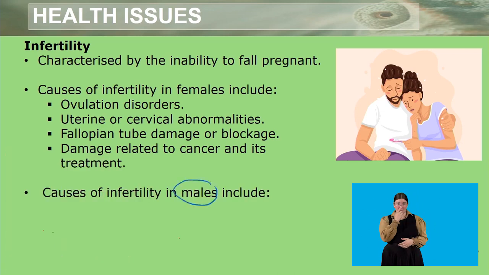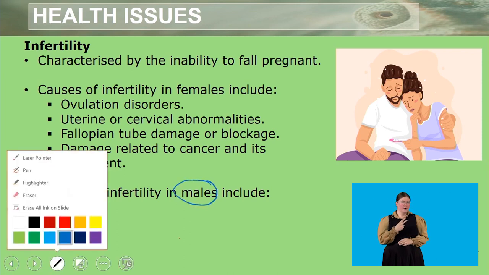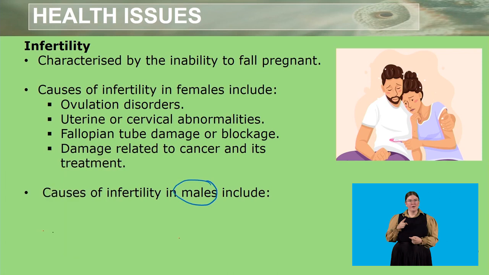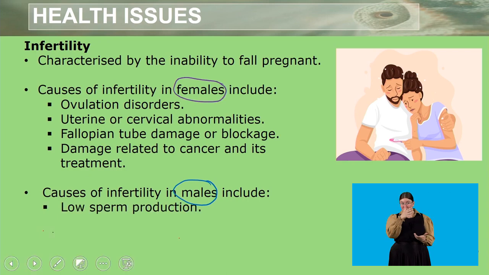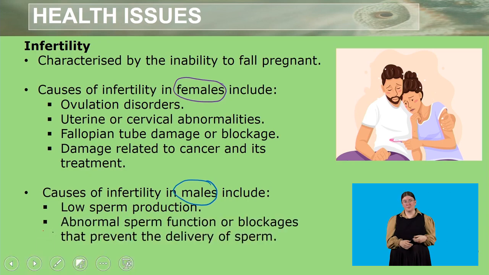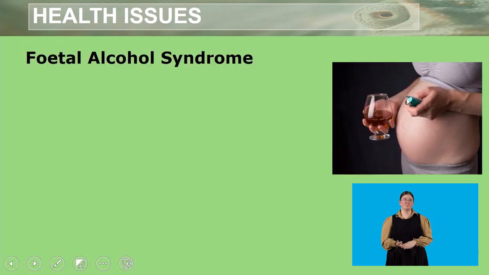So what causes infertility in males? This could be caused by a low sperm production. It can also be caused by abnormal sperm function or blockages that prevent the delivery of sperm.